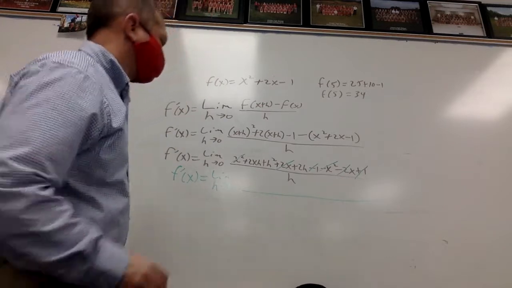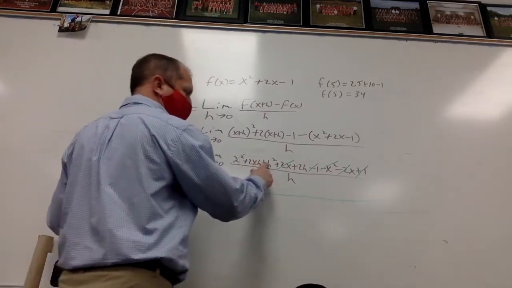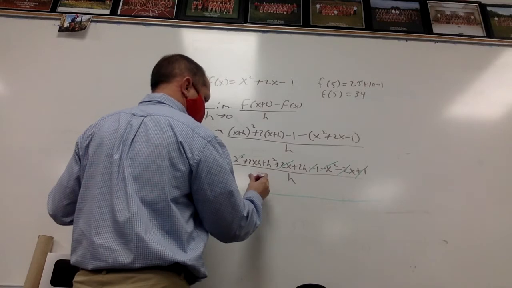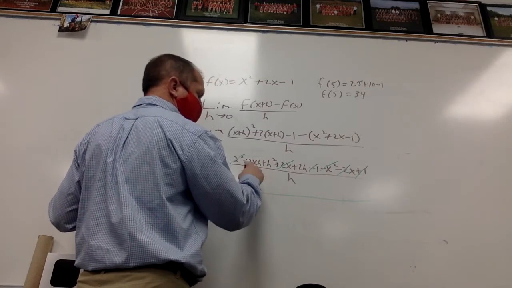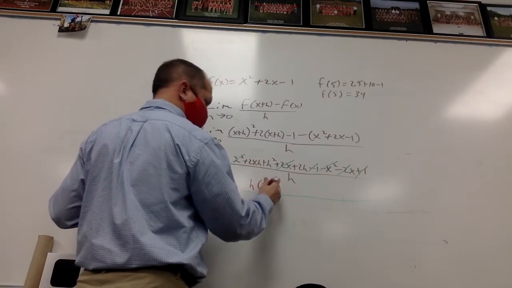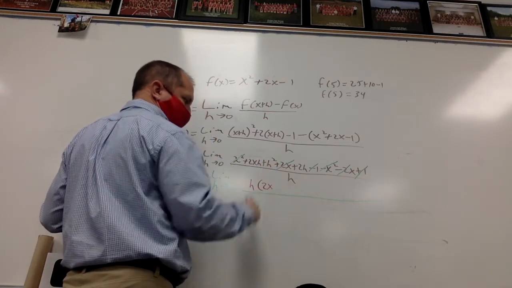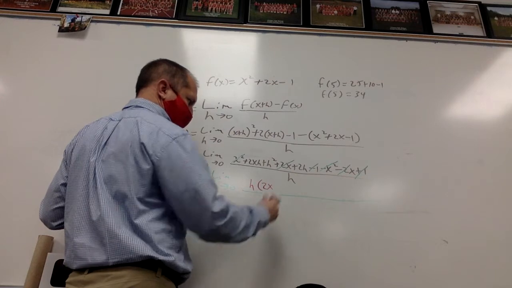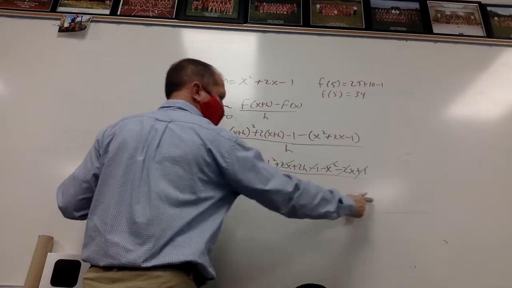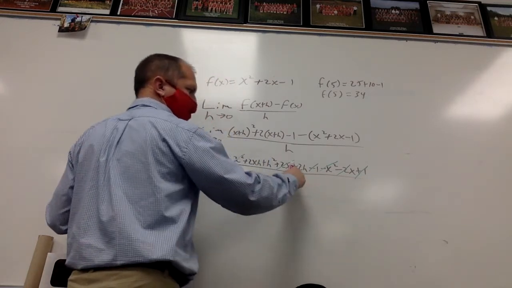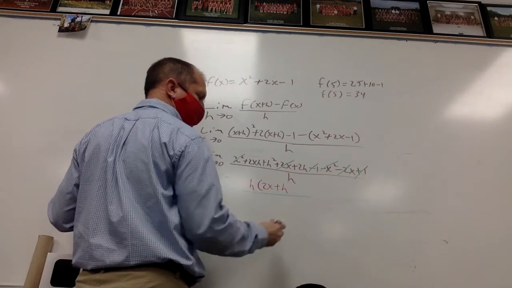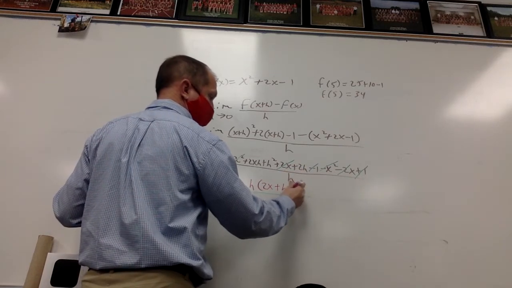So, let's factor an h out of everything. All right, if I pull out an h, I've got h times 2x. All right, h from h squared is what? h. And then h from 2h is just 2.